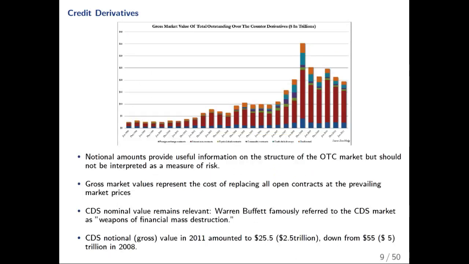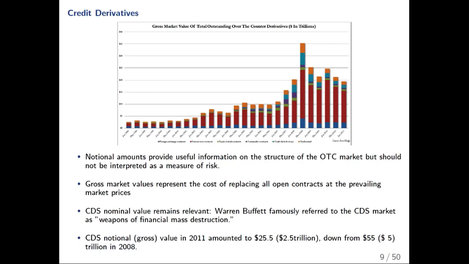This is again beginning in 1998, and now extending all the way to 2007. And the red bars this time are the interest rate derivatives market. So now we're in gross terms, and this number goes between 0 and 40 trillion.